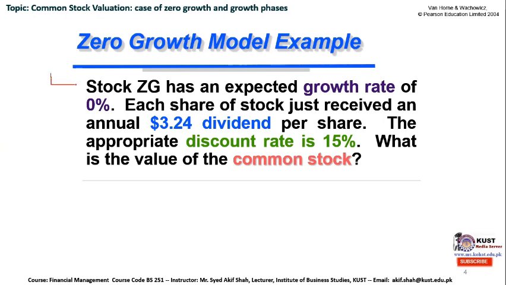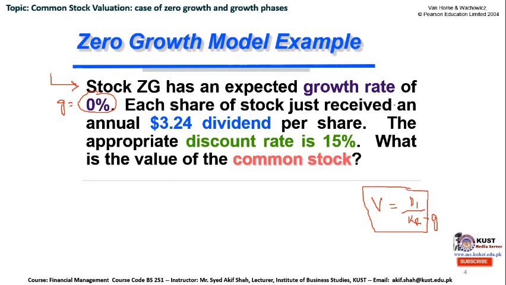The question states that we have a stock named zero growth, ZG, which has an expected growth rate of 0%. Hence, the G factor in this case is 0. And as we know, the constant growth model formula was to divide D1 by KE minus G. So when the G factor is 0, the simplest leftover formula is to divide D1 by KE.